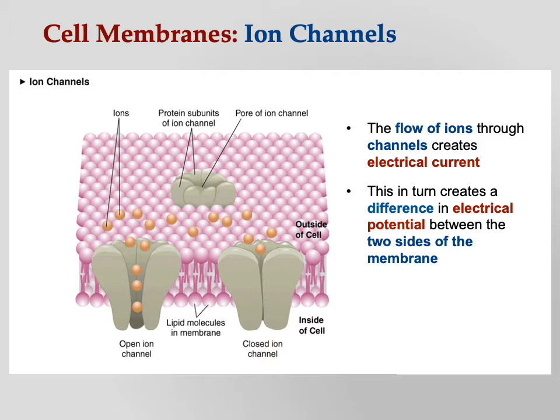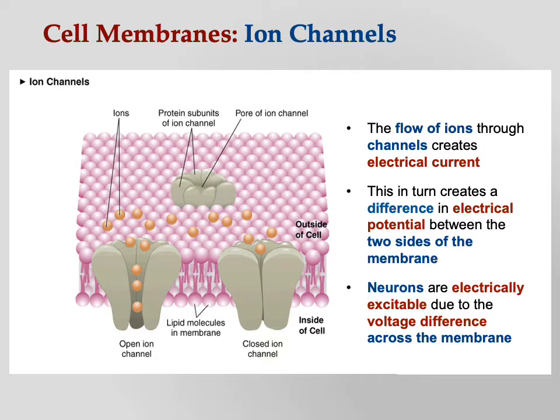And that difference in electrical potential is created by ions flowing through ion channels and changing that electrical potential. So neurons are electrically excitable due to the voltage difference across the membrane. We'll see that the inside of the neuronal membrane, of the axonal membrane, is negatively charged compared to the outside, and that difference is what provides the impetus for the action potential.